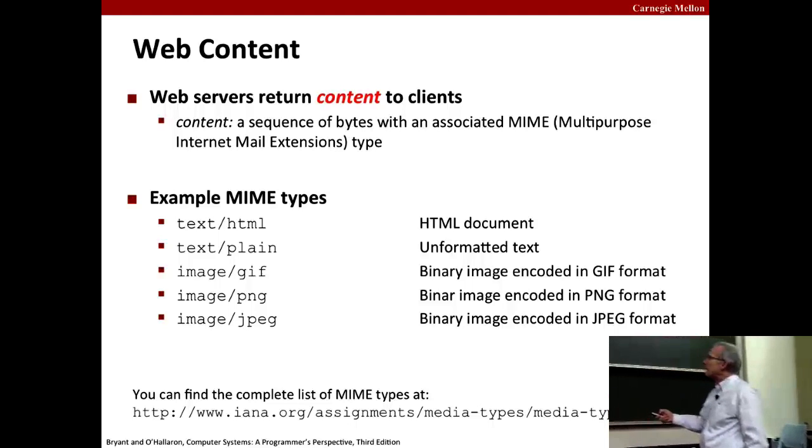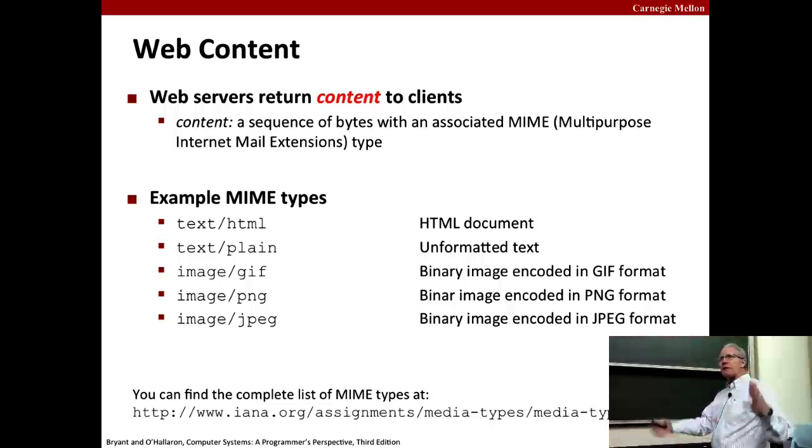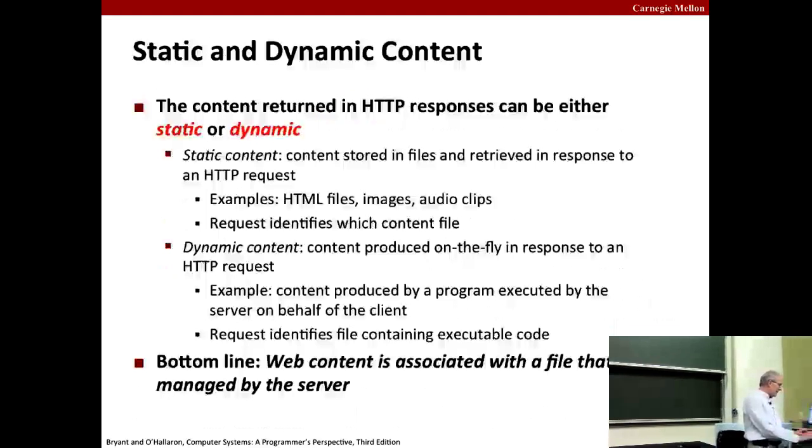And then there's a standard for how you encode it at one end and how you decode it at the other. And so when you're sending stuff, you specify what type of information it is.